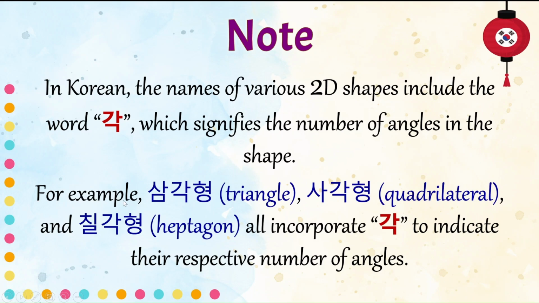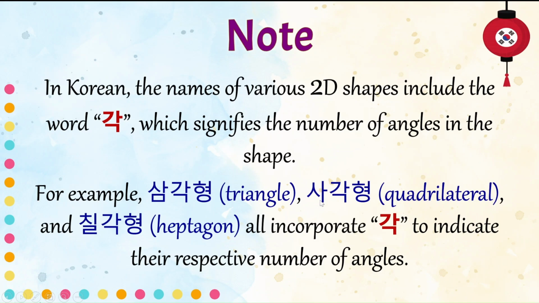All right, for example, triangle in Korean is 삼각형. Sam is three in Korean and 각 is angle. And we all know that triangle has three angles. So this is the significance of 각 in this word for triangle in Korean, which is a 2D shape. Similarly, quadrilateral is 사각형. Sa is four and 각 is angle.